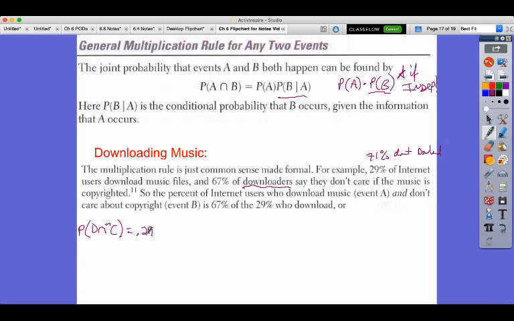Not copyright. 29% download times the 67% are the people who don't care about copyright given that they download. Okay? And that would get us our overall probability, which I don't have the number memorized. So you can multiply that in a calculator. It's going to be about 0.1.